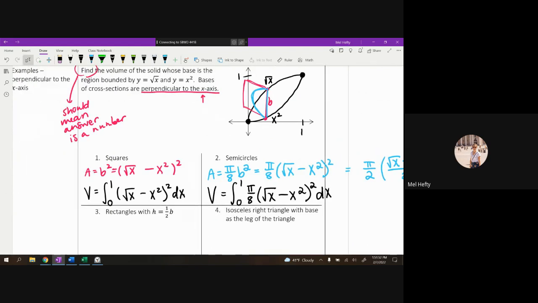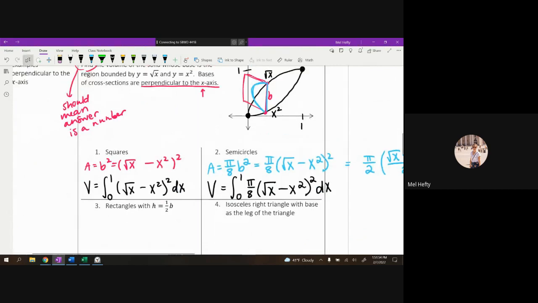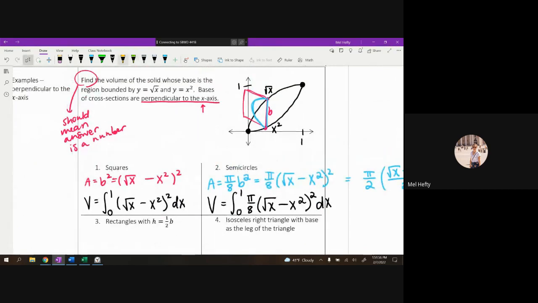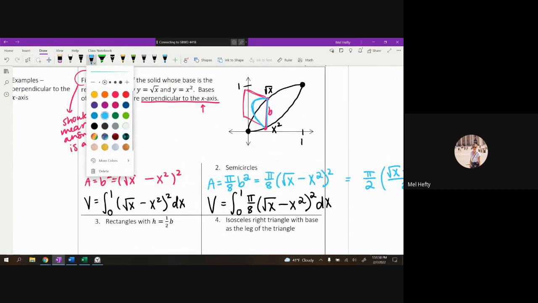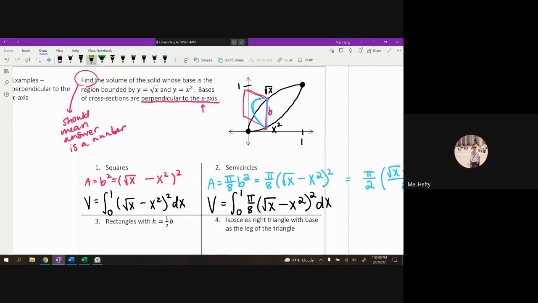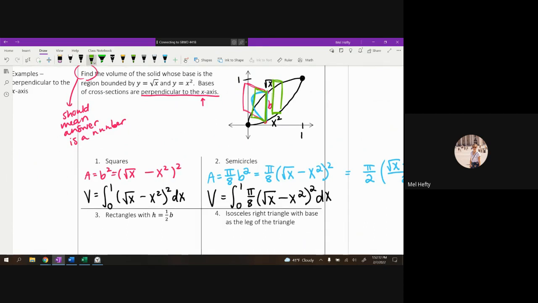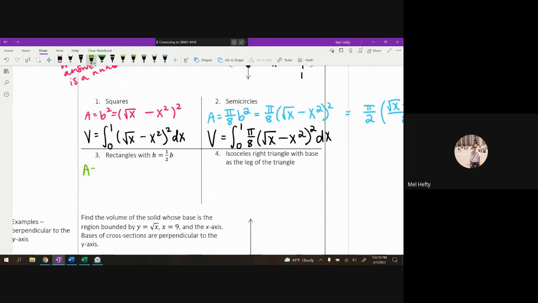All right, let's do these last two really quick. If we're talking rectangle with 1/2 the base as the height, essentially I'm taking this guy and making him shorter. Area formula, let's see.